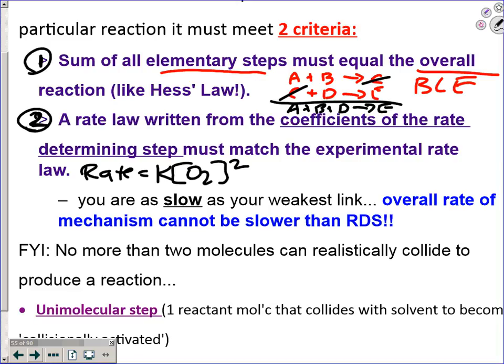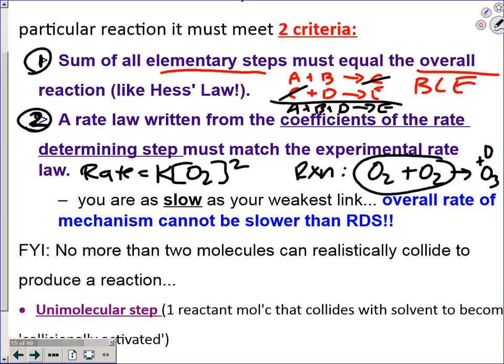It's telling you it's second order with respect to that elementary step, but who are the reactants? Two O2 molecules, right? So the reaction would be O2 plus O2 yields O3 and a free radical or something. But it doesn't matter. As long as these are the reactants of the slow step, you're showing it to match, because there are two oxygen molecules. So I mean that the molecularity of the slow step, meaning the coefficients of the slow step, match the rate law itself.